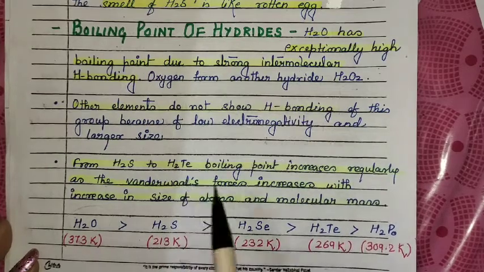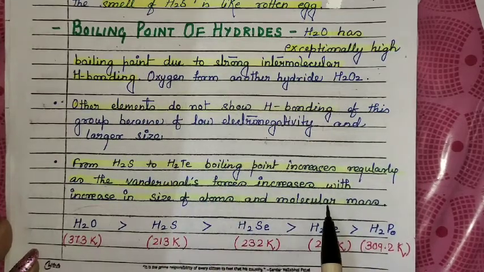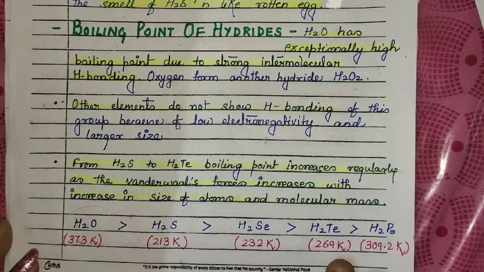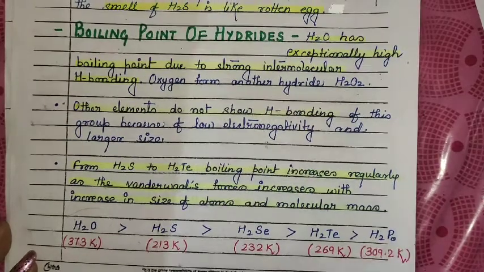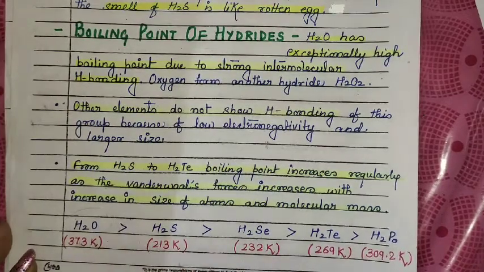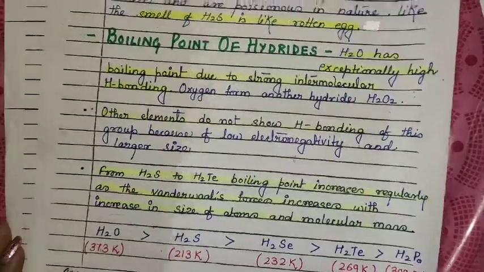Van der Waals force is directly proportional to molecular mass. So as the size of central element increases, the van der Waals force also increases, and hence the boiling point goes on increasing. H2O has exceptionally high boiling point due to presence of intermolecular hydrogen bonding.